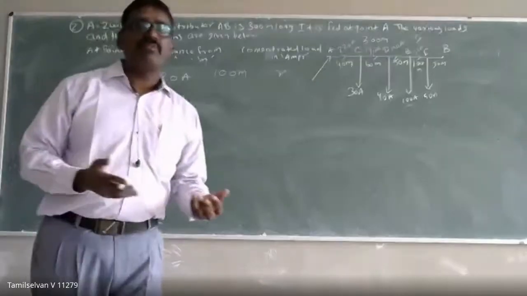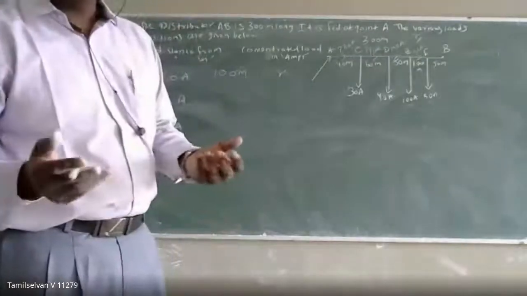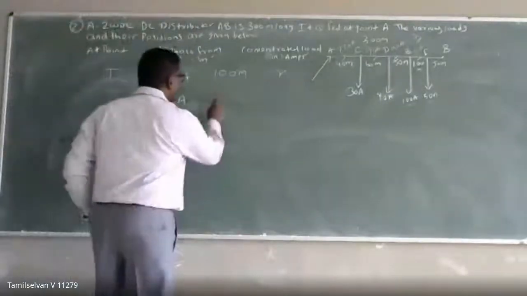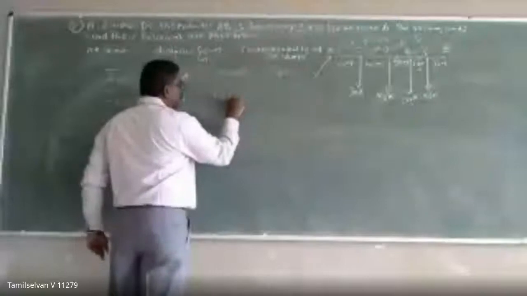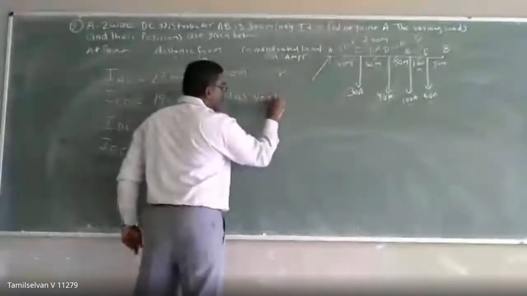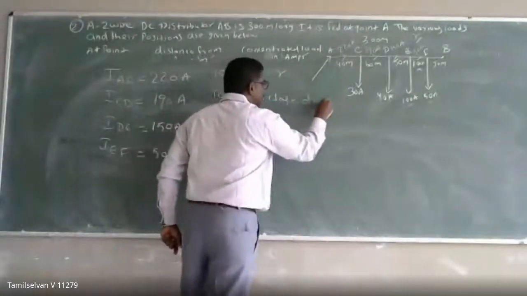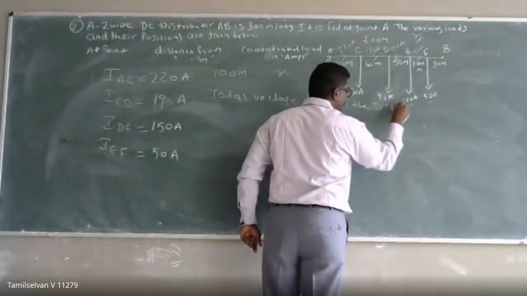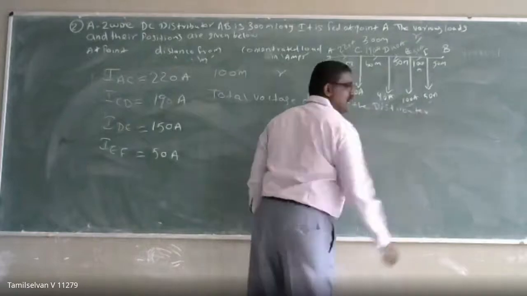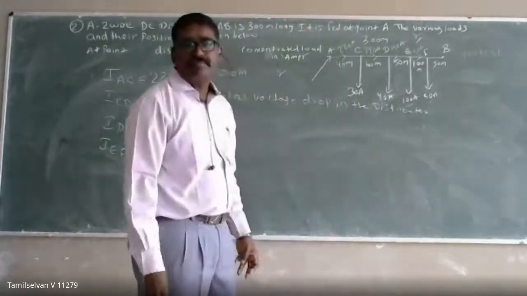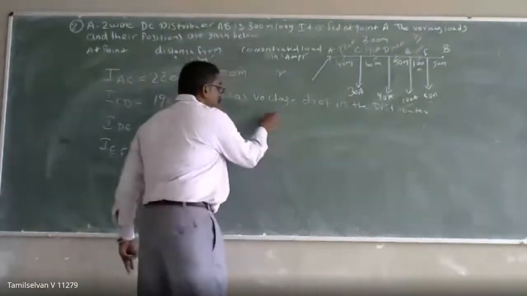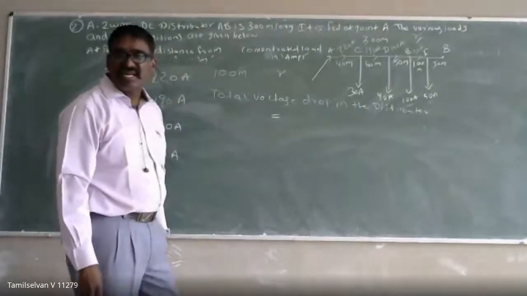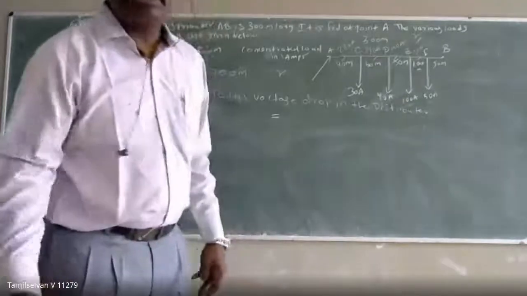Based on that, I can calculate the total voltage drop in the distributor AB. That is equal to the current in that section into the resistance.